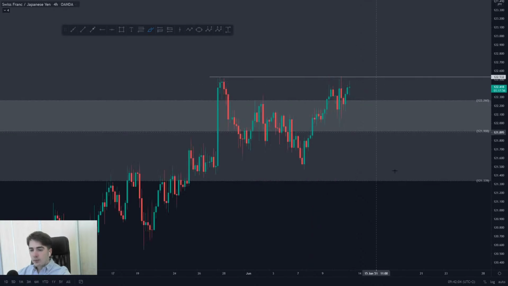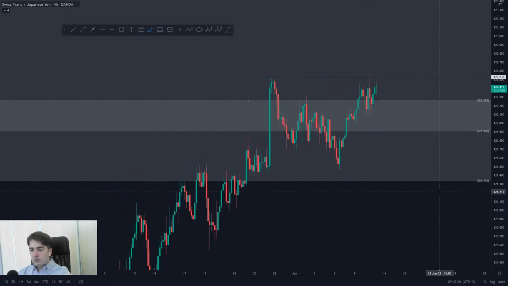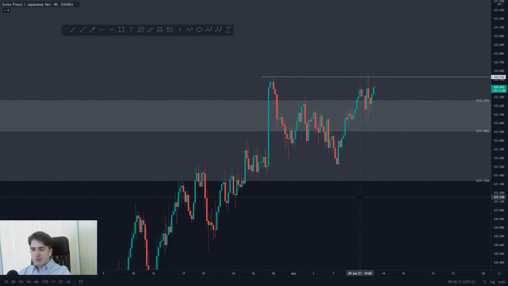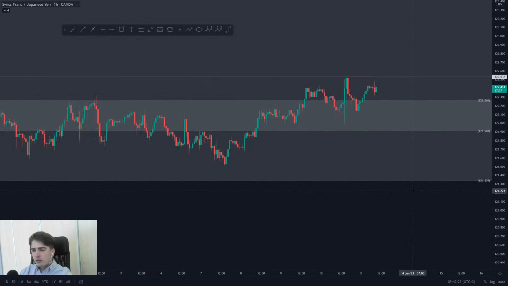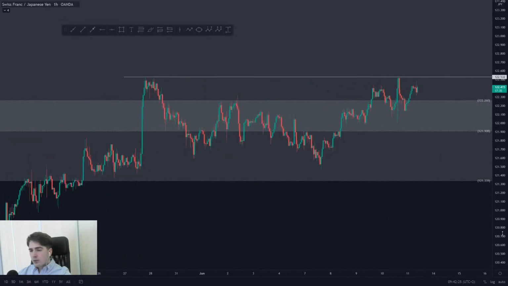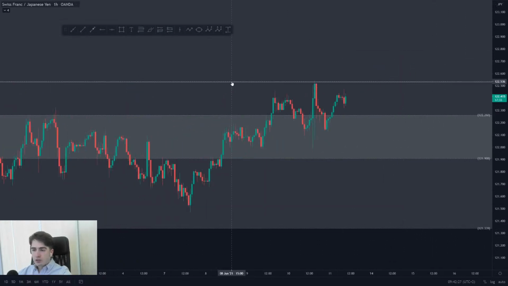Going into the 4 hour. Really nice double top. This isn't an area of supply because this area didn't take anything out. So looking at the 4 hour, not that interested. Let's have a look at the 1 hour. 1 hour is kind of like a head and shoulders, right?